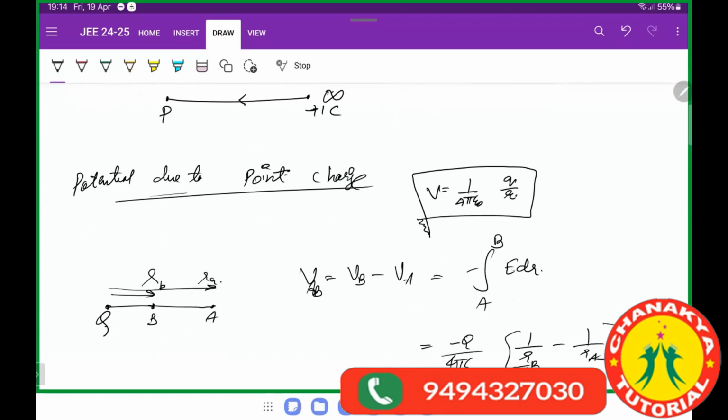The unit will be the same. It won't change. Now in the same way, if you have a third point also, you will do the same thing.